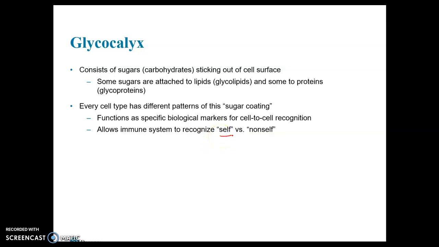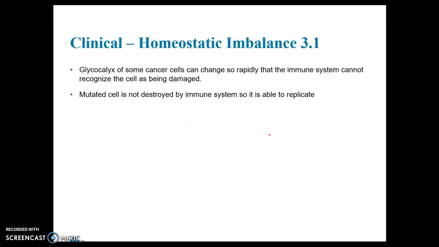They can help the cells of the immune system to recognize that cell as self or non-self. If it's non-self, our immune system will attack it. And if it's a self-recognition protein, then our immune system will leave it alone, usually, except with autoimmune disorders.